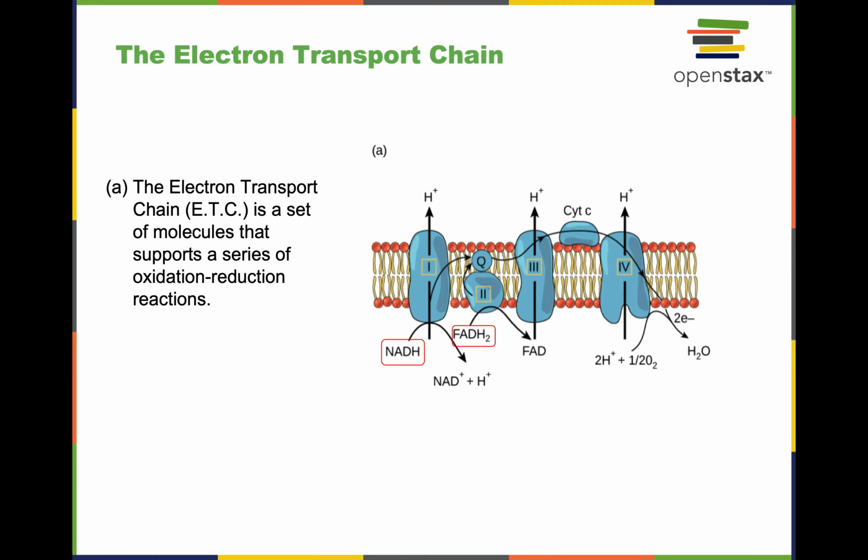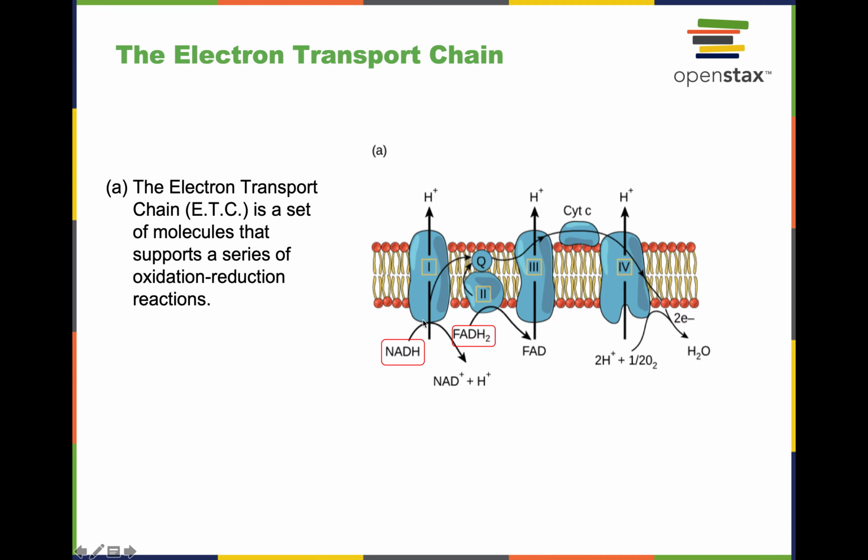So the first player is the electron transport chain. It is a series of molecules that support a set of oxidation reduction reactions. What happens in here is that NADH and FADH2 deliver the electrons that they're carrying to molecules within the electron transport chain. And these molecules play a game of relay.